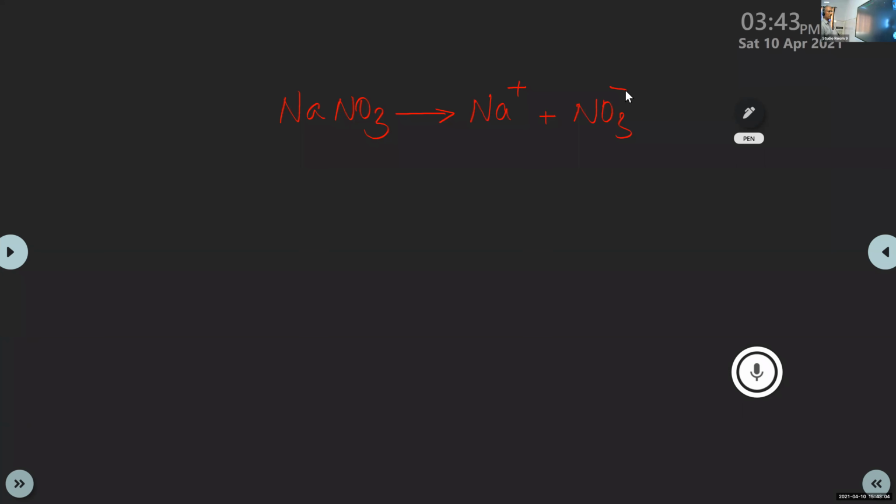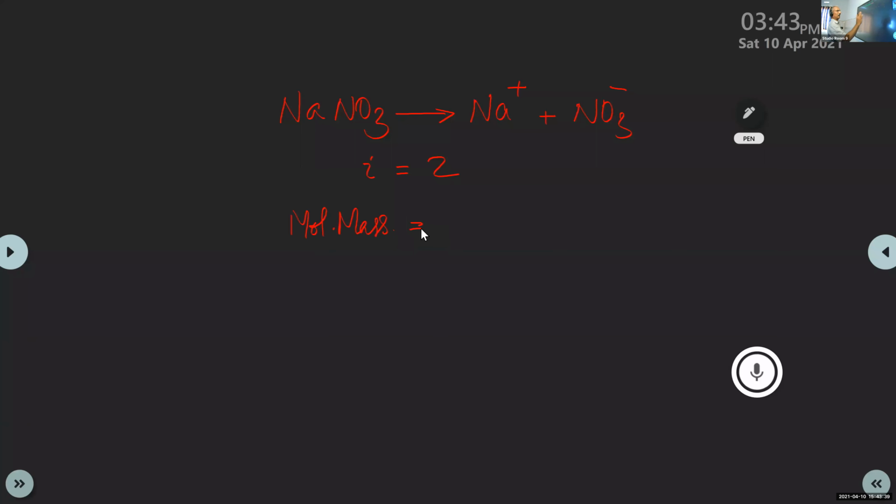All right. You say yes or no? Yes, sir. Two ions are produced. So the Van't Hoff factor i is equal to what will be the approximate value? 2, sir. 2 itself, no doubt. So what will be the molecular mass calculated by colligative property measurement?